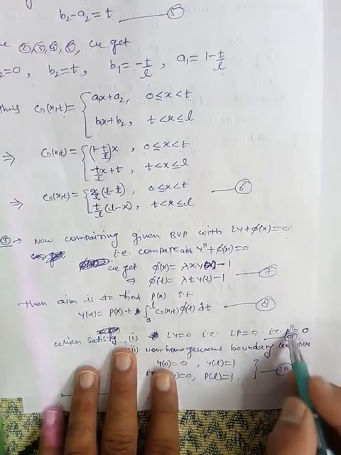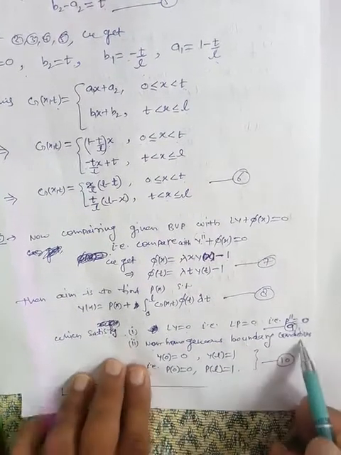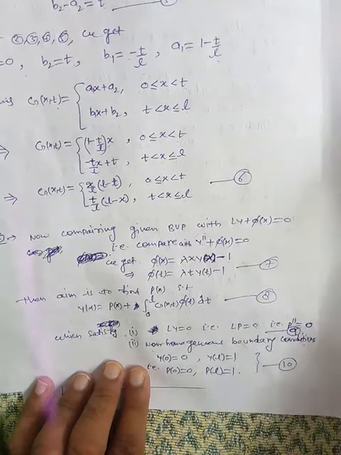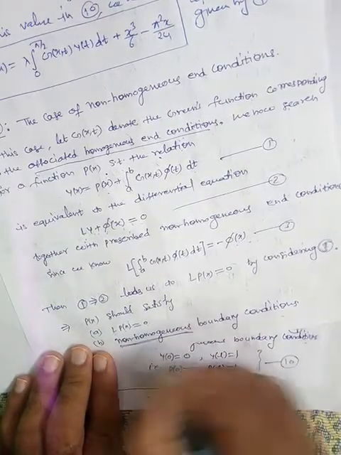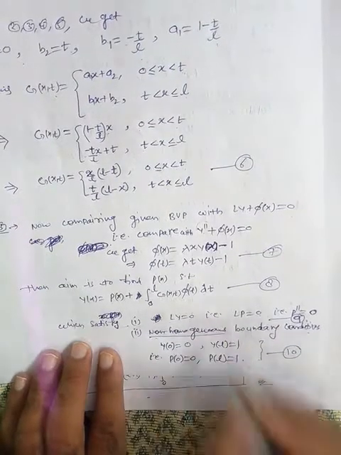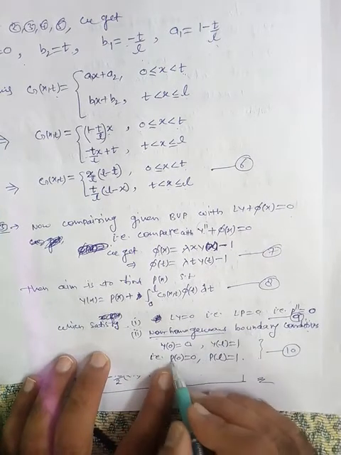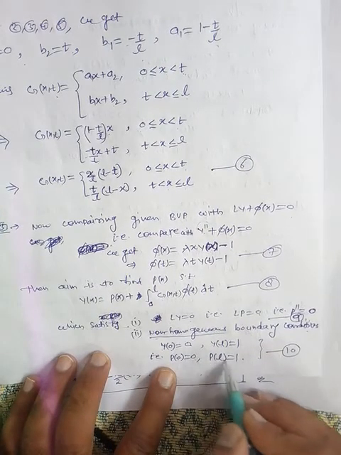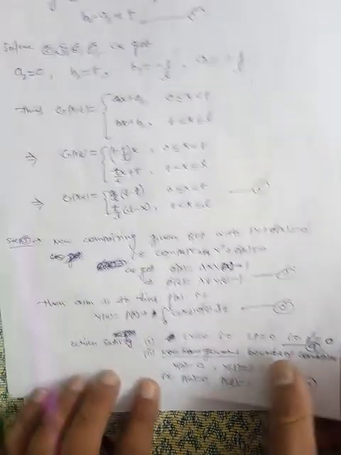That means the second derivative of p will be 0. This is the ninth equation. Note that the boundary conditions are non homogeneous: y at 0 is 0 and y at l is 1. So p at 0 should be 0 and p at l should be 1. With the help of the 9th and 10th equations we will evaluate the solution.